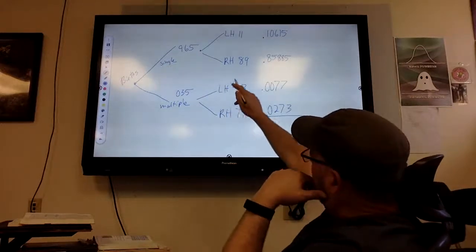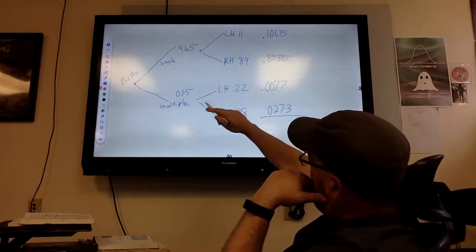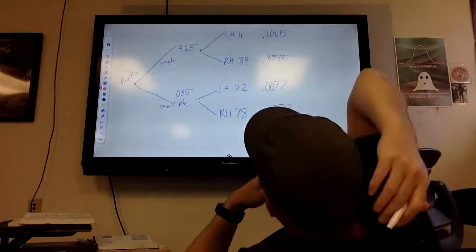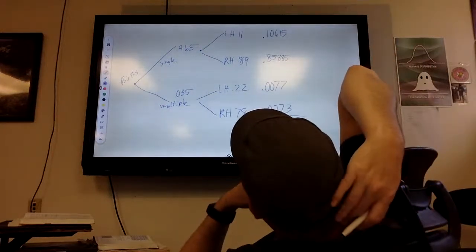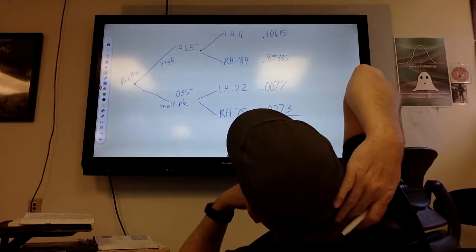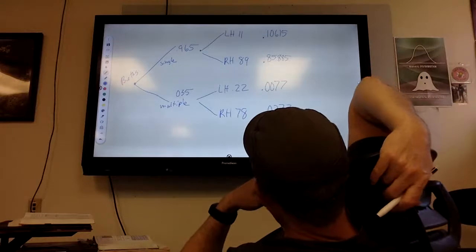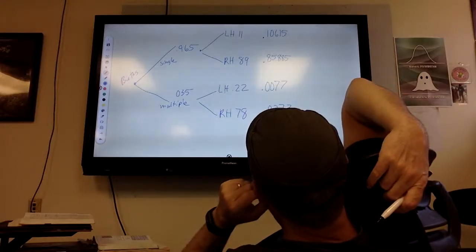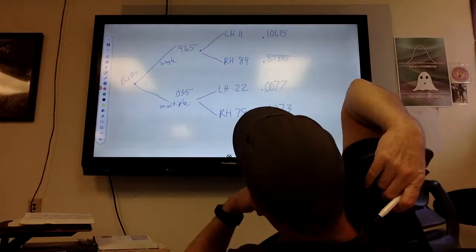And then multiplying the 2 probabilities together, I'll read them off. Coming from a single birth and being left-handed, about 10%. Coming from a single birth and being right-handed, about 85.5%, about 86%.